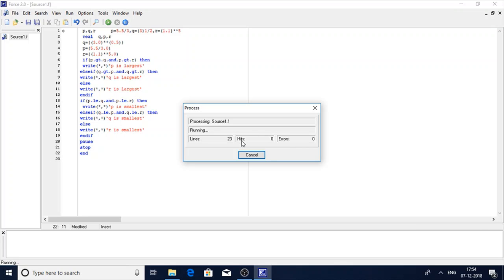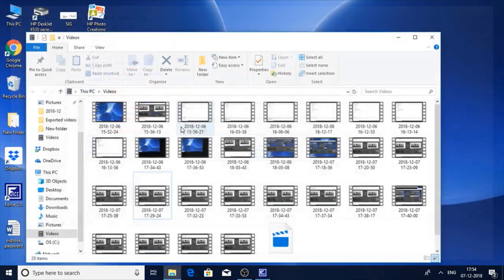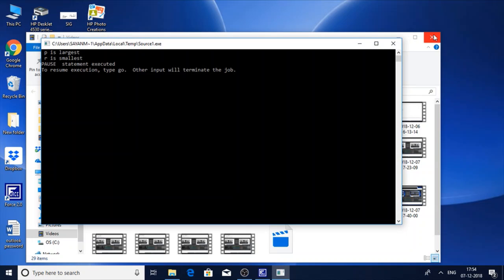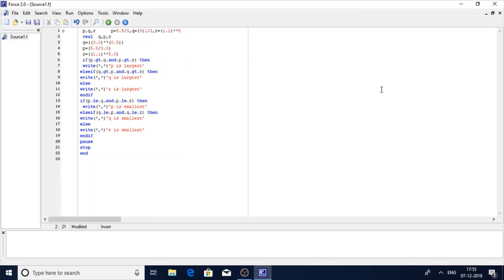Compiling, and then if I write my read code here, then the output wants values from me. Since I have already discussed that if I write my read code here, P, Q, and R will be considered as boxes, and at output I have to put the values in those boxes, and then it will show the outputs.